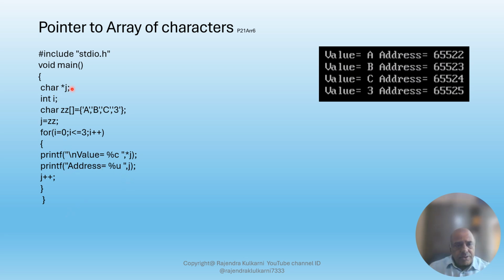We have declared j as a char pointer to which we are assigning the address of the 0th element of array zz. By this expression j equal to zz, and by using that pointer j we are accessing the values and also the address of each and every element of the array zz. So this is the screenshot of the output I got when I ran this program.